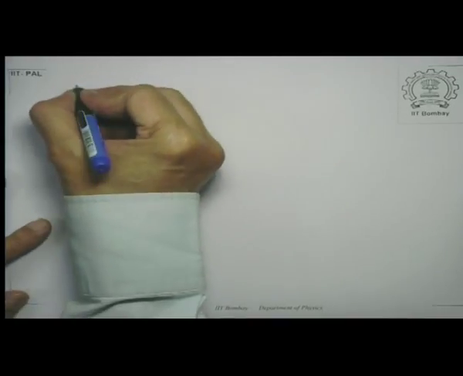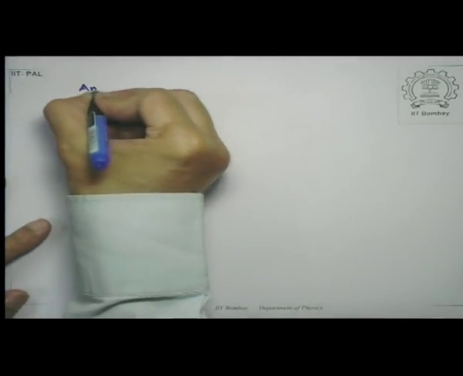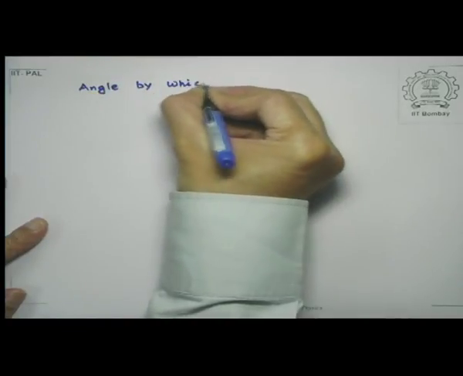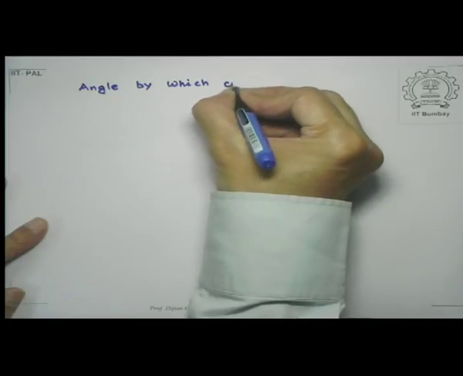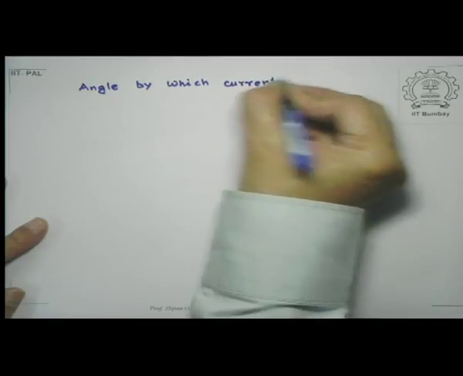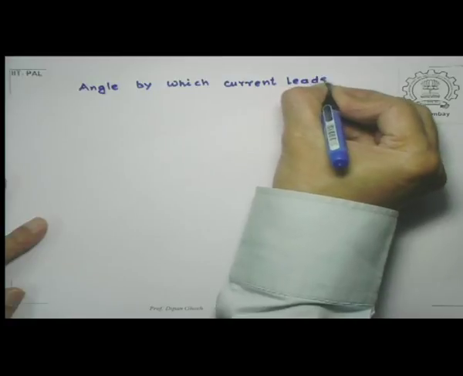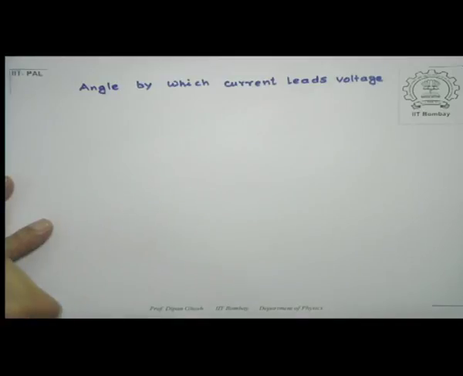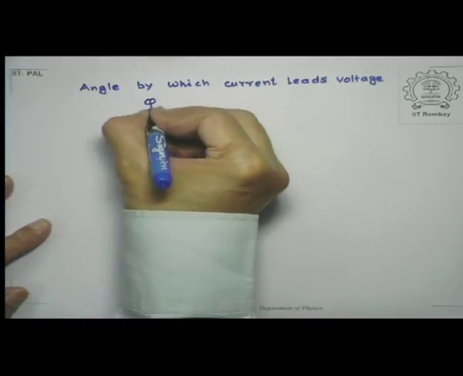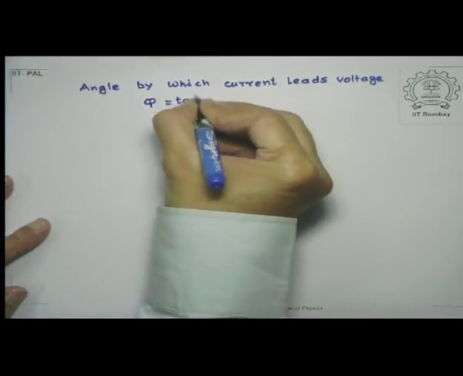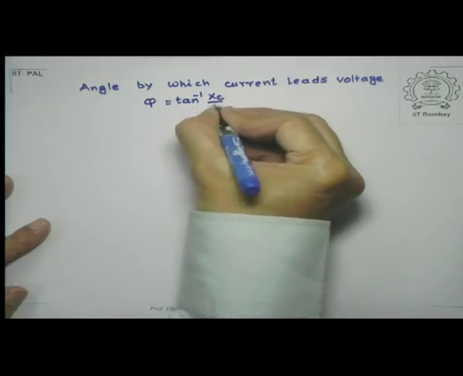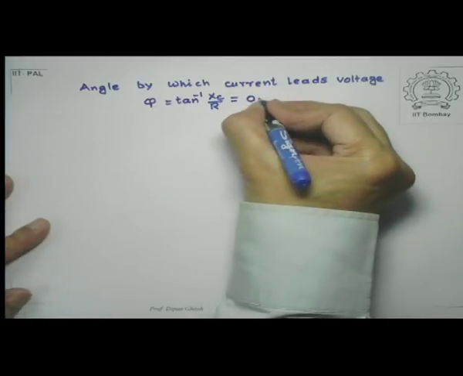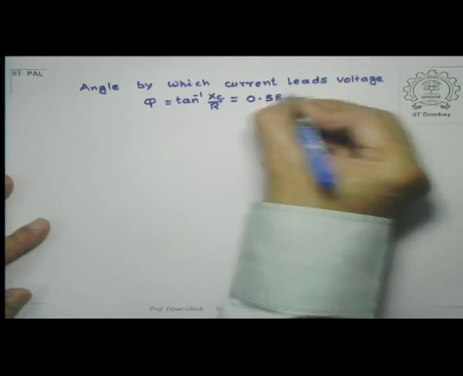Now the angle by which current leads the voltage is given by phi equal to tan inverse of xc over r, and if you put in the numbers and look up a trigonometric table, it works out to 0.58 radians.